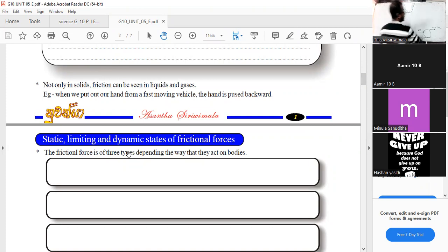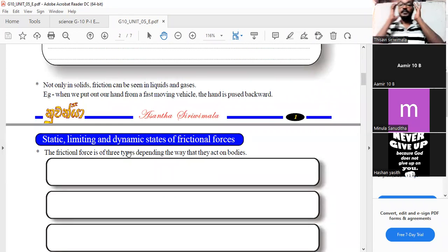When we are traveling in a vehicle, and if it is safe, when we put our hand out, we can see that our hand is pushed backward by the wind hitting on the hand. That is the air resistance. So it is kind of a friction. Same thing will be happening when we are going in a boat. When we put our hand into water, the hand will be dragged back because of the force created by the water.